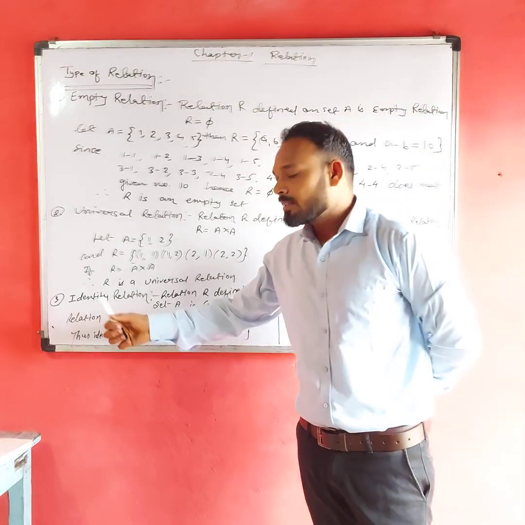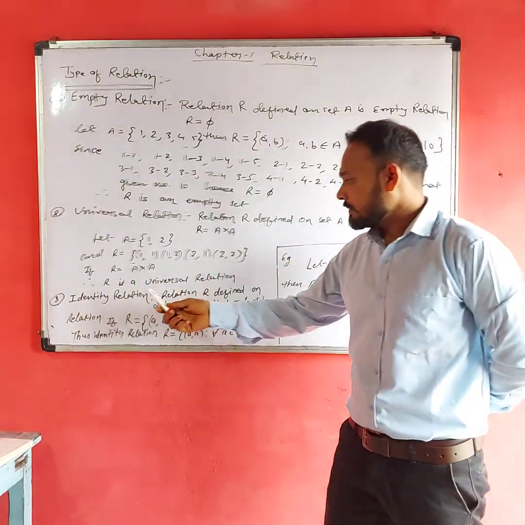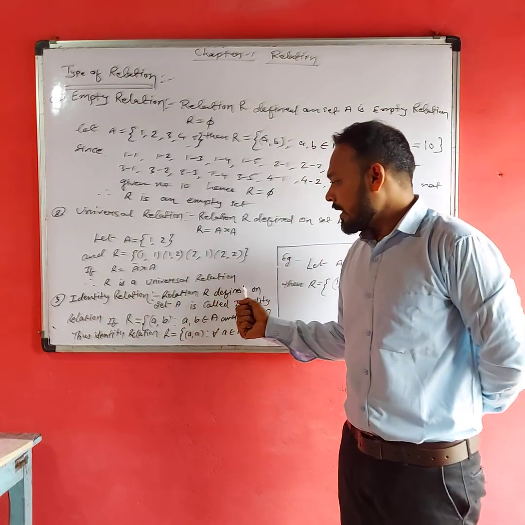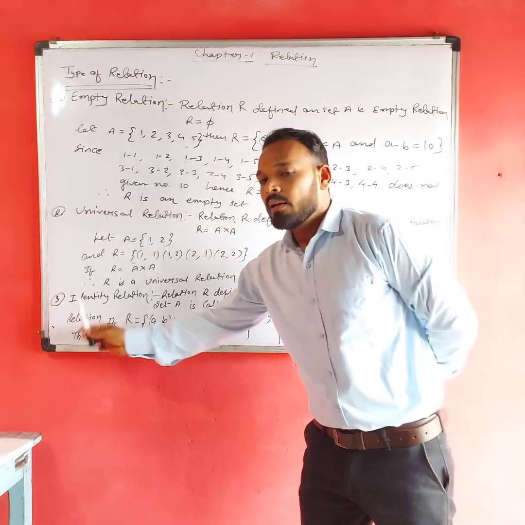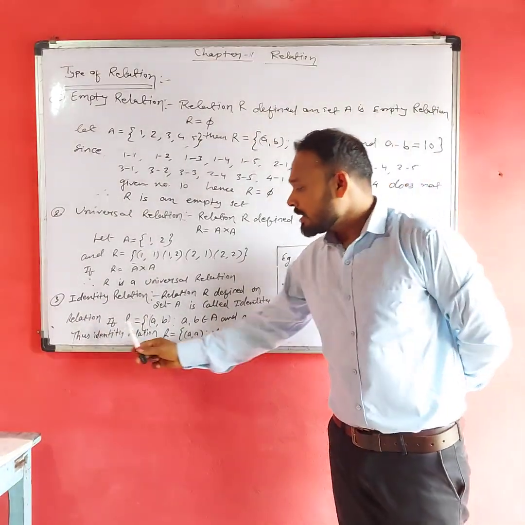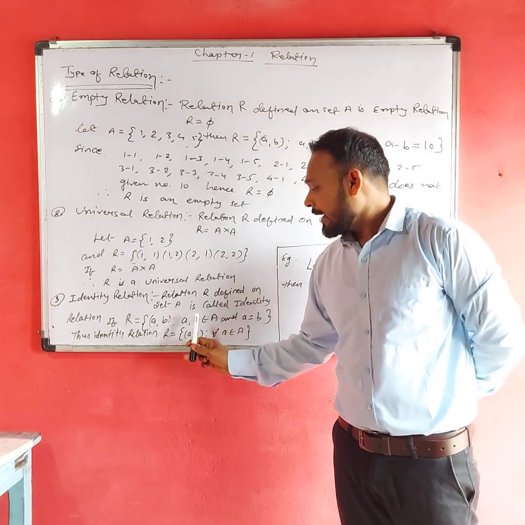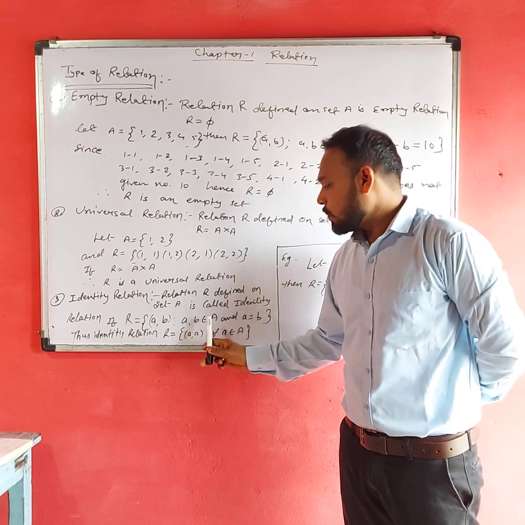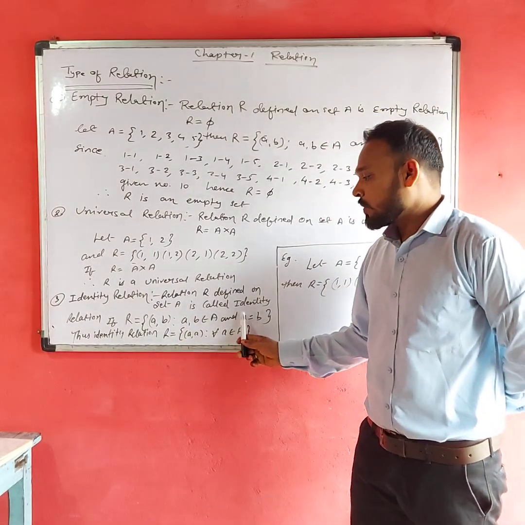And the third relation is a very simple relation, the identity relation. A relation defined on set A is called an identity relation if we apply the condition: R equals {(a, b)}, where a and b both belong to A and a is equal to b.